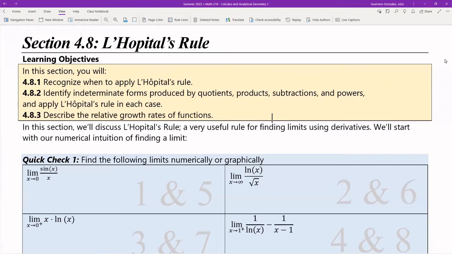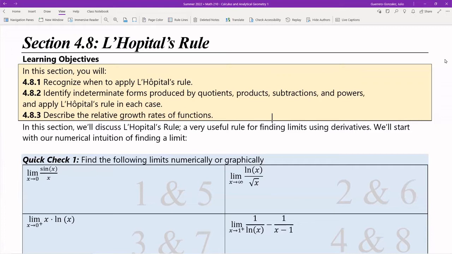So at the very least, we can do the numerical version, the one with the table, and we can do it graphically. We can just plop it on a graphing calculator, make a graph of it, and then look at it and say, oh yeah, it looks like the limit's going to this value.